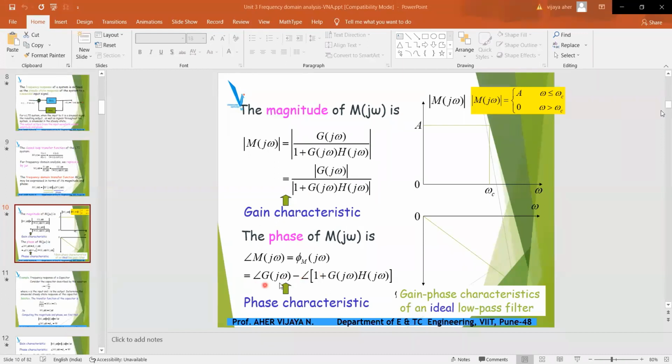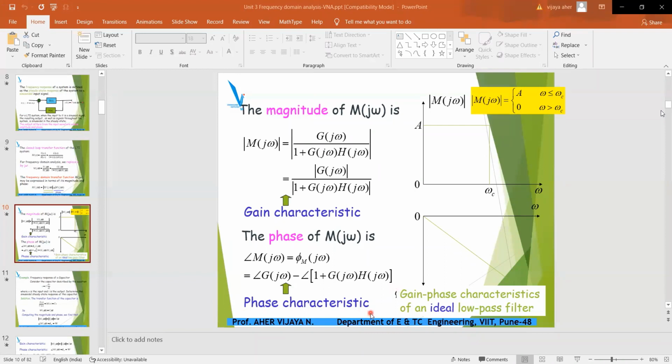So angle of G(jω) minus angle of this term, the angle of the bracket 1 plus G(jω)H(jω), bracket complete. So this is how you have to take the angle. Minus angle of 1 plus G(jω)H(jω). Okay, got it? Now this equation is nothing but the phase characteristics of your transfer function.